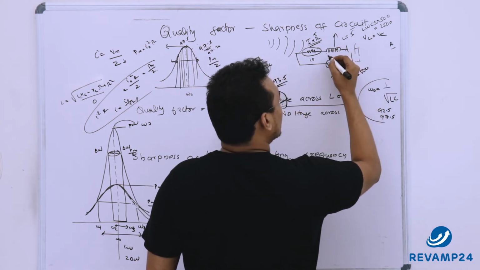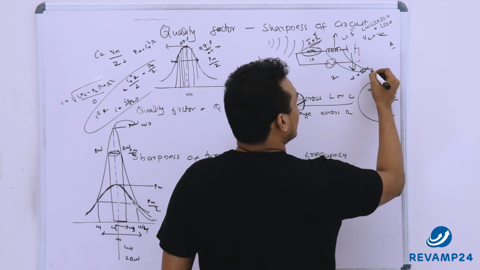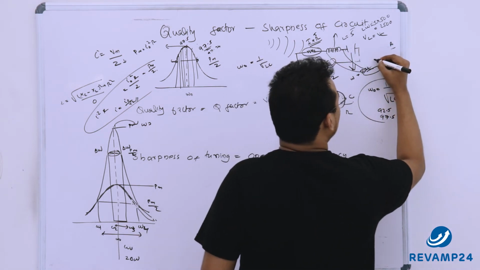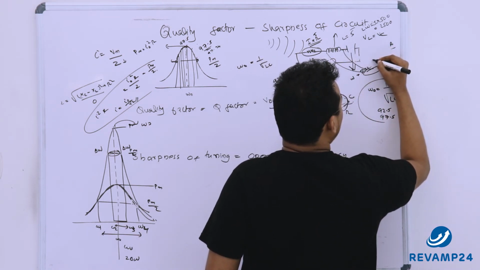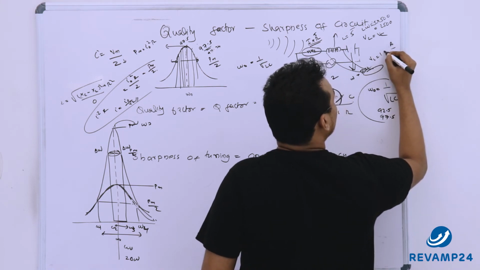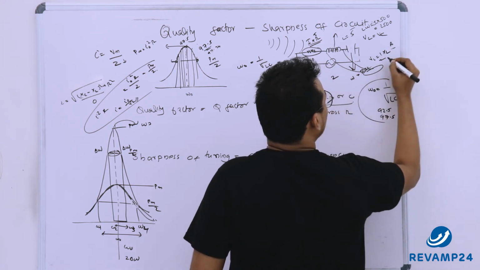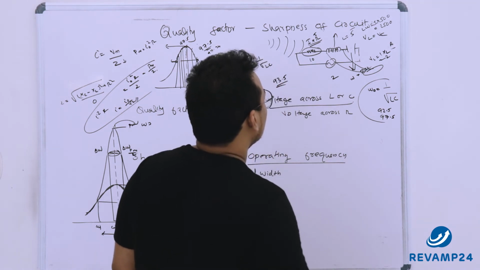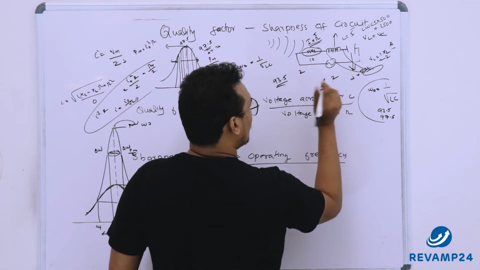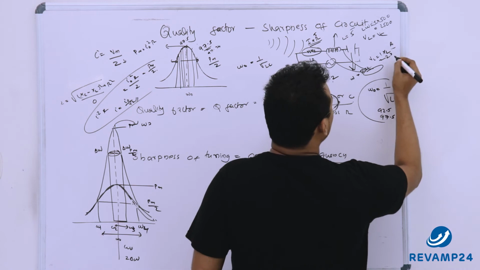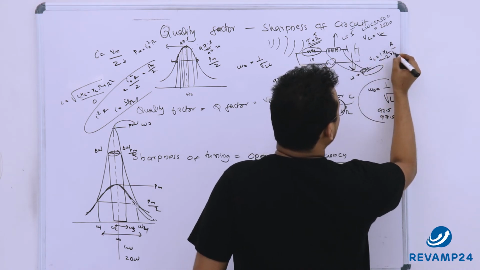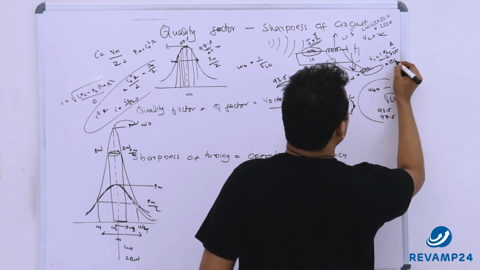Now what would be the voltage drop here? If I am just connecting a speaker here, voltage drop here would be VL is equal to I into XL. So I is 2 ampere. Let's say I in the circuit is 2 and voltage is also 2. I into XL is 2 into 2500, so this is 5000.